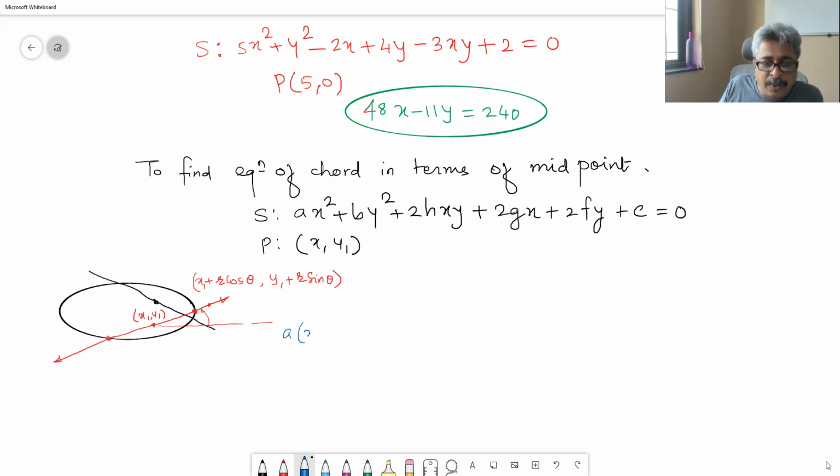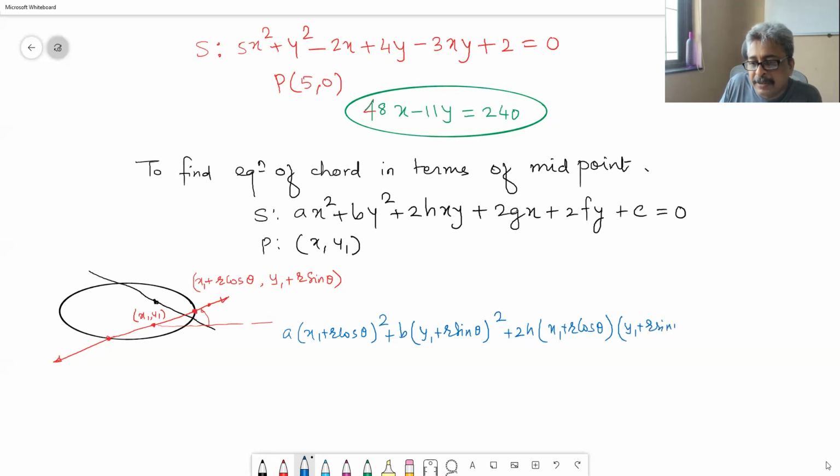So a into (x1 plus r cos theta) whole square plus b into (y1 plus r sin theta) whole square plus 2h (x1 plus r cos theta) into (y1 plus r sin theta) plus 2g (x1 plus r cos theta) plus 2f into (y1 plus r sin theta) plus c is equal to 0.